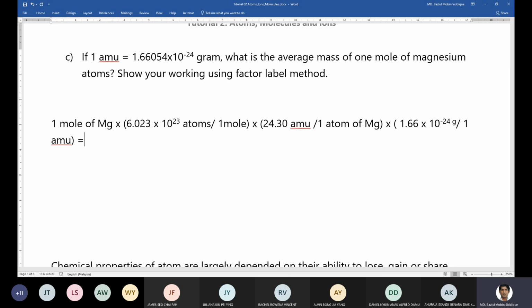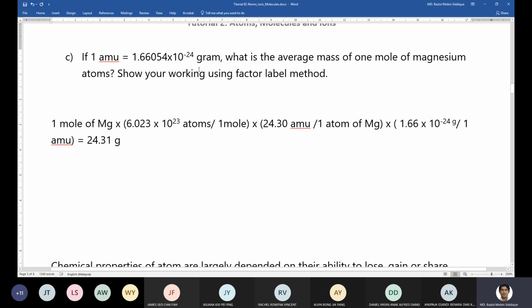If we do it this way, we find that it is altogether 24.31 gram, only gram, of 1 mole of magnesium.